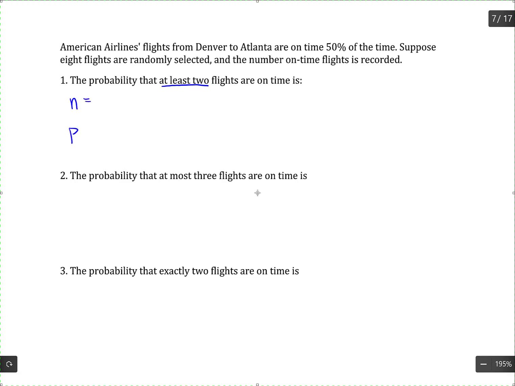So n in this case is the 8 flights. p is the probability of success, which is 0.5. Now we want the probability of at least 2 flights out of the 8. So at least 2 means that the number of observations that we would like to see is greater than or equal to 2. Because that's what at least 2 means. It's 2 or more.